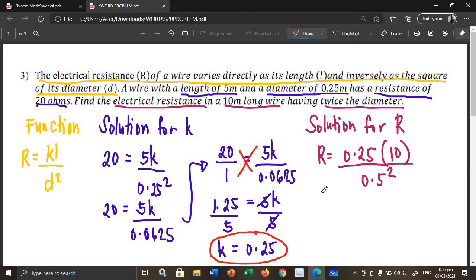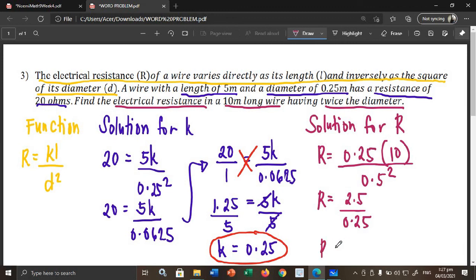Okay? Now, we have R is equal to 0.25 times 10 straight up, right? 0.25 times 10 is equal to 2.5 over the square of 0.5, which is equal to 0.25. Okay? So, resistance is equal to 2.5 over 0.25.